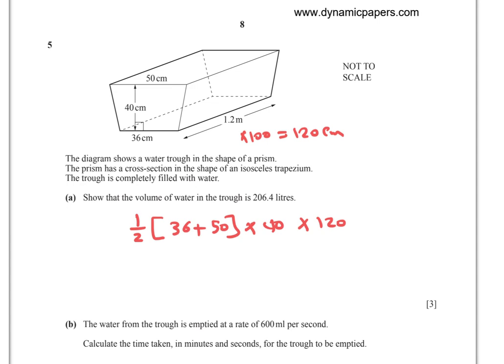Now you have the volume equals 206,400 centimeters cubed. To convert to liters, divide by 1000. So 206.4 liters.